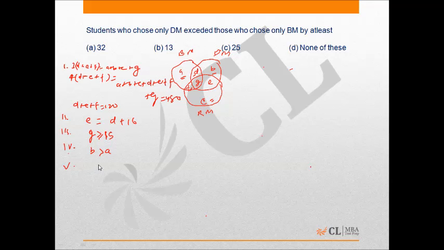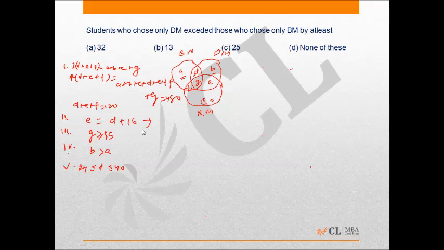The number of students who chose exactly two subjects was 120. So D has to be at least one fifth of this, which is 24, and at most one third of 120, which is 40. So D lies between 24 and 40, both inclusive.